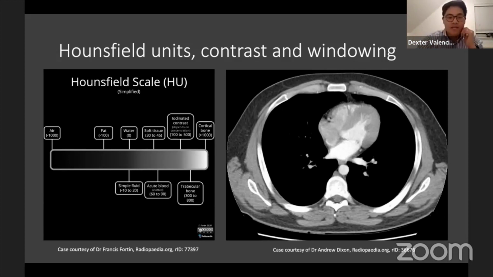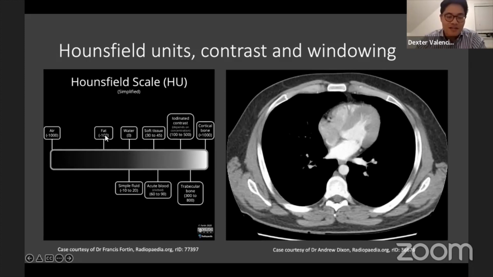We use something called the Hounsfield scale, and it ranges from -1,000 to above +1,000. It goes from air, which is very dark and black, up to bone and things beyond that, like metal, which can be really bright, going to 1,000 and beyond. The reference you have to remember is 0, which relates to normal water. And then there are a few things around that which have certain Hounsfield units.